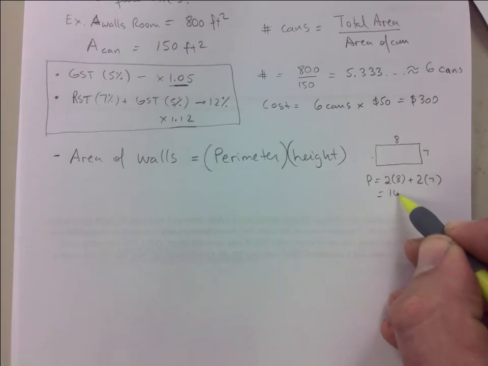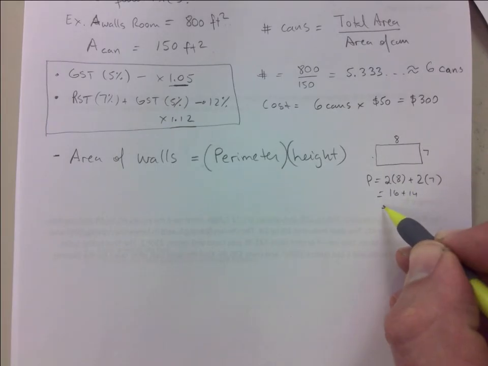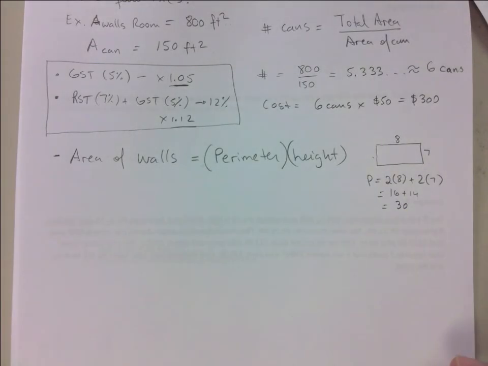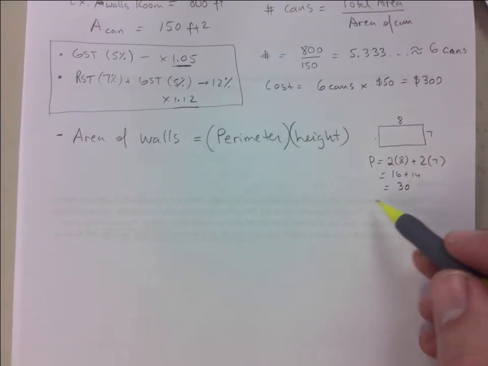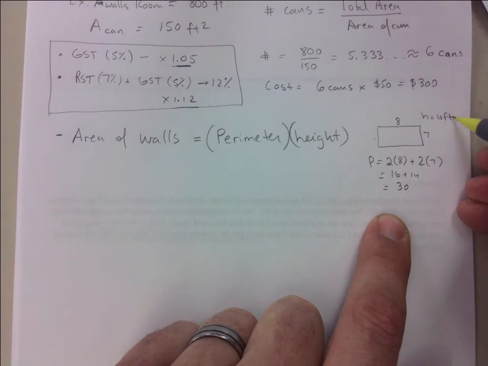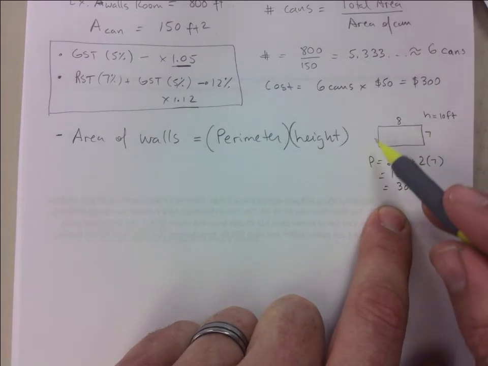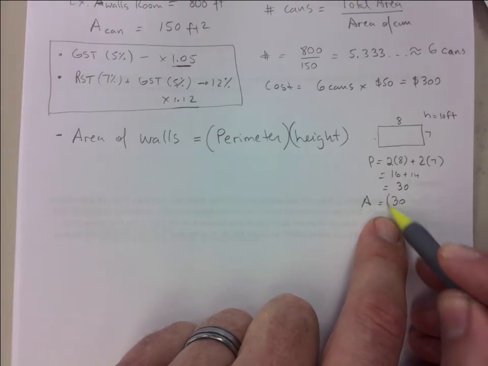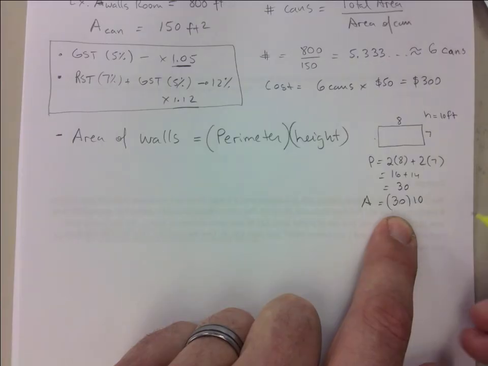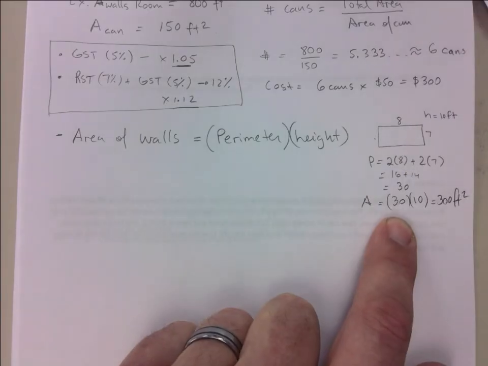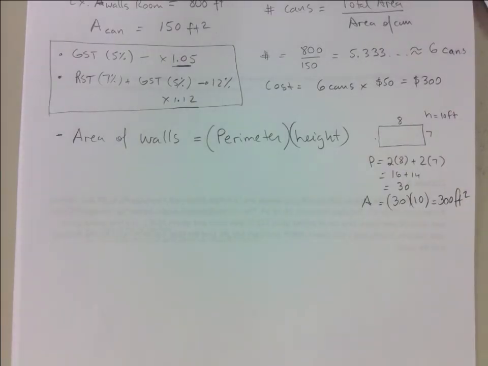That's 16 plus 14. That is 30. And let's put it somewhere on the side here that the height is 10 feet, let's say. So the area of the walls would be 30 times 10. 300 square feet. It's the easiest way to do it.